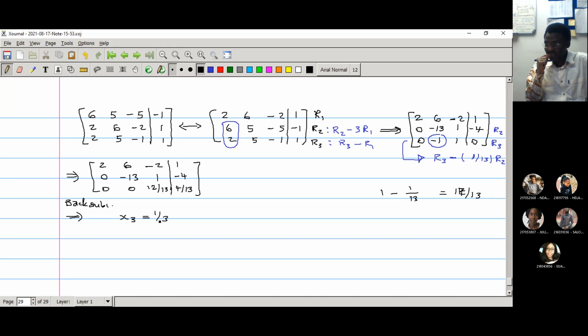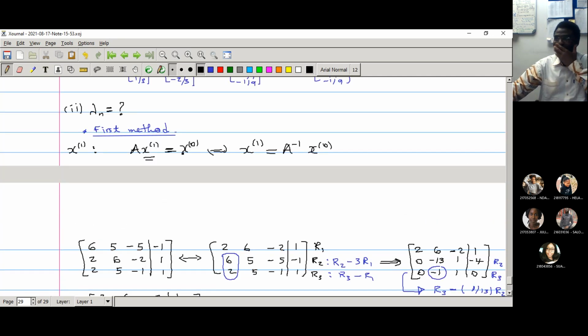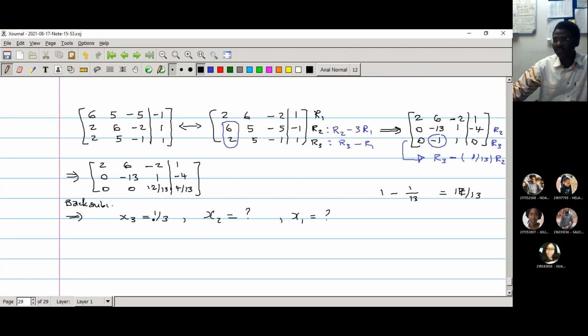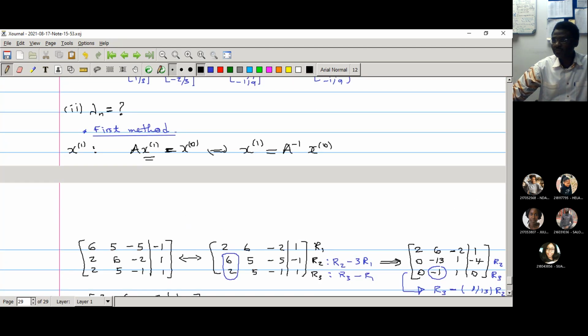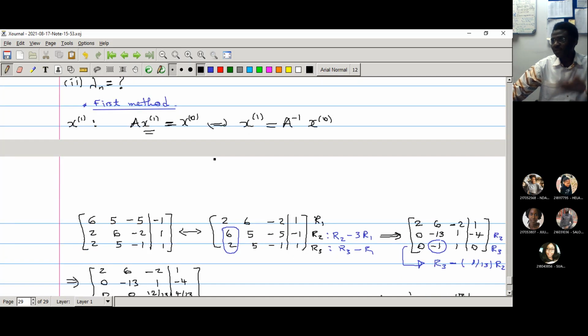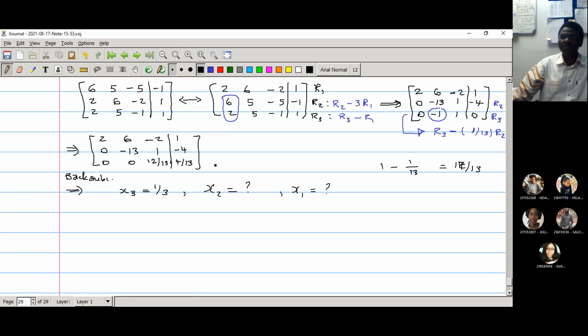All right. So that's your x3. And then you proceed to get your x2. And then x1. Using your back substitution, I will not do that. So once you do that, this will give you the component of your x1. And you proceed. Okay, so we will stop here. You can do that yourself. So that's the procedure.